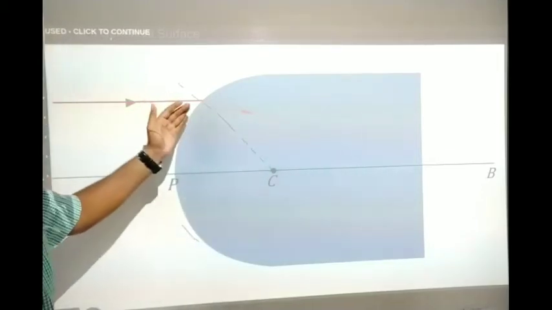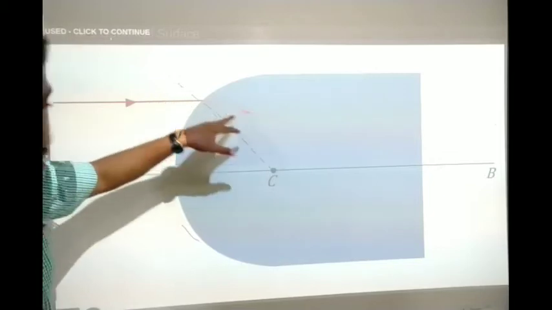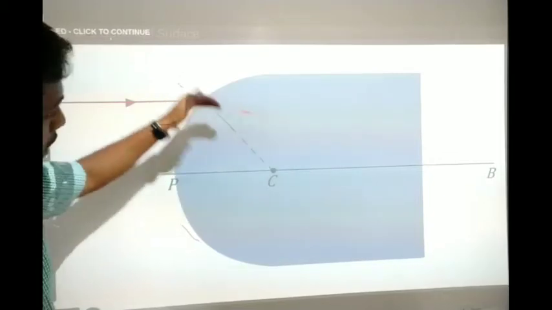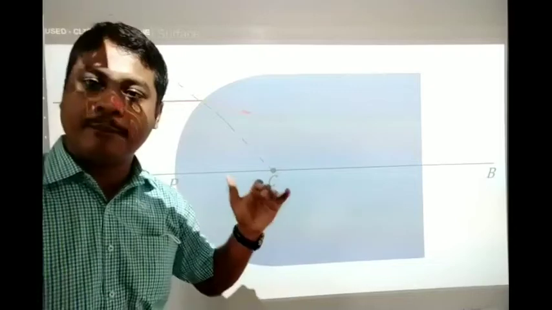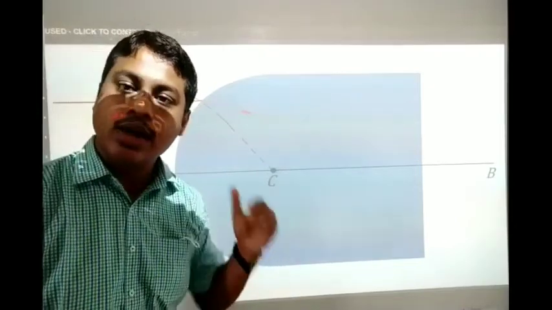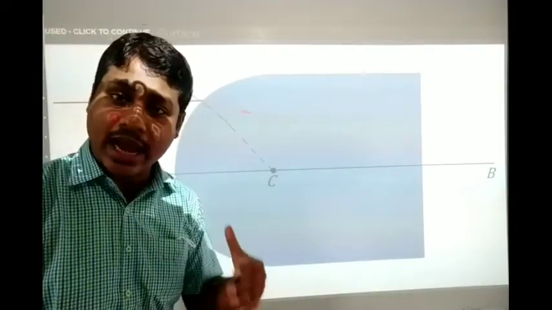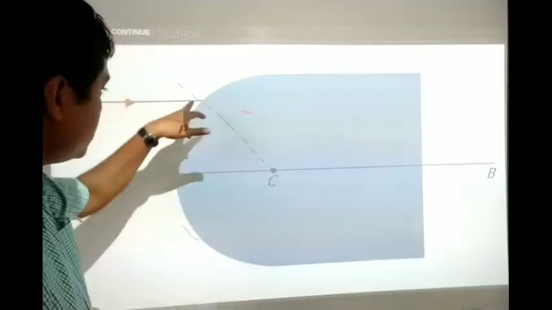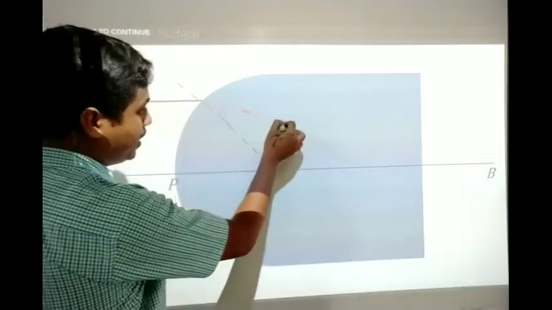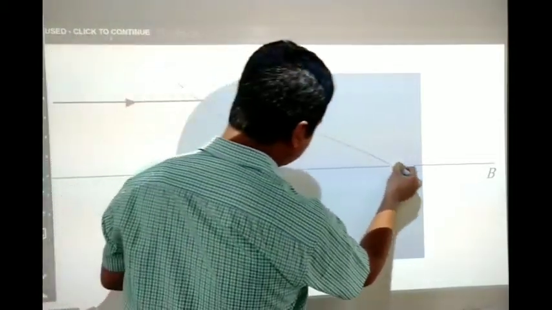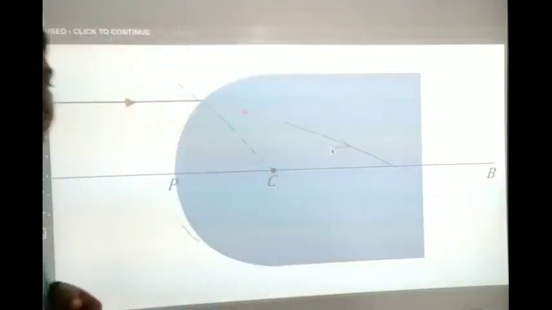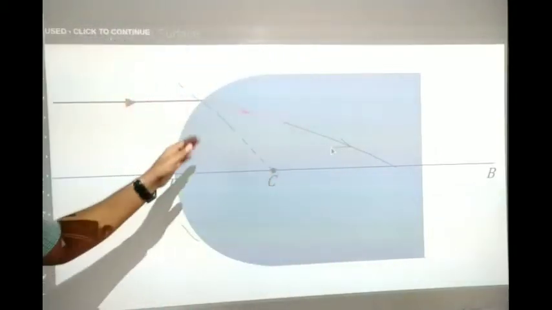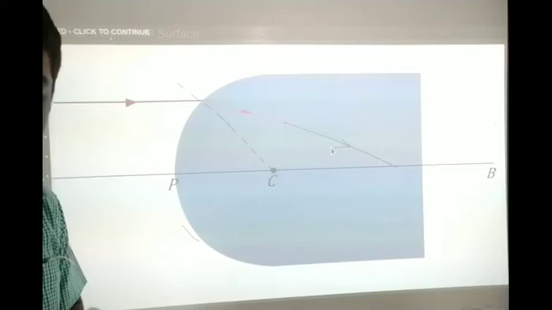So when this incident ray enters the denser medium, we know that the light ray bends towards the normal. This light ray will be going and intersecting at this point.